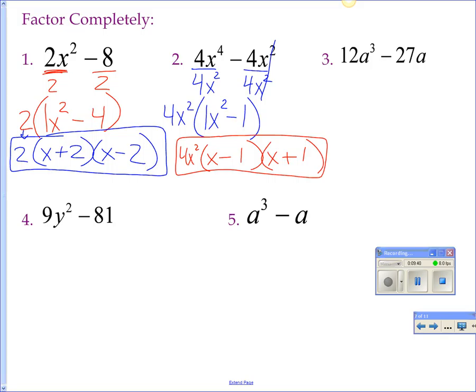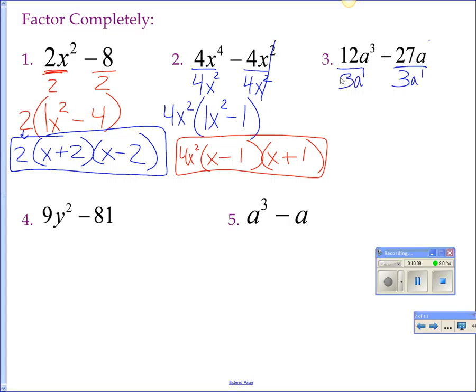All right, number 3, 12a to the third minus 27a. Dylan, what do I want you to do first? Good. Dylan, what goes into 12 and 27? No, it goes into both of them. Dylan, what else do I want you to write underneath? Good. A3 or A1? A1. Ethan G, what do you do next?